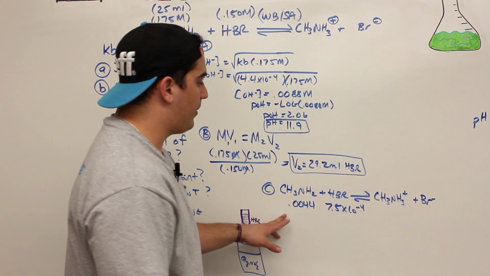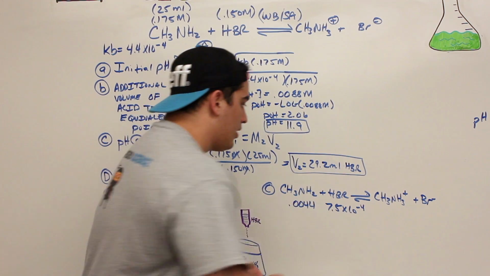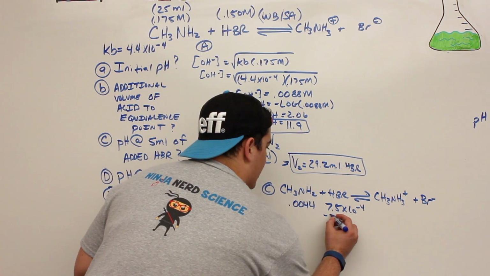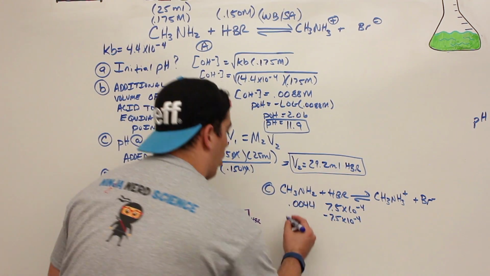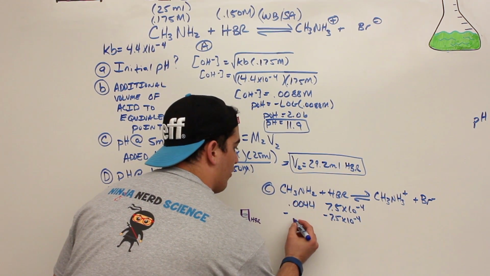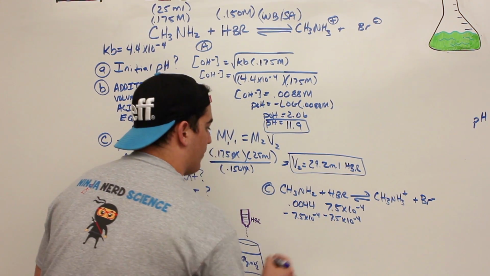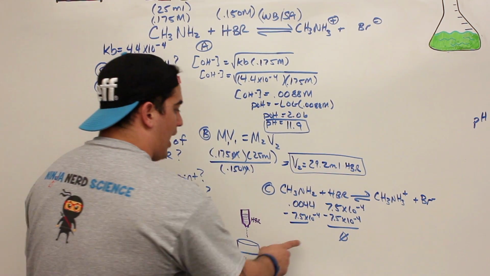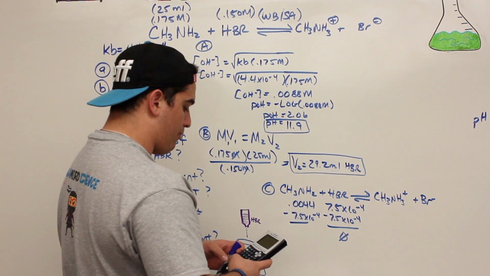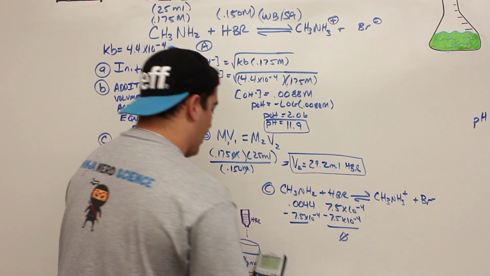Okay, what do we do? Same thing we've been doing. Which one of these is smaller? This one right there, right? So I'm only going to react 7.5 times 10 to the negative 4 moles of HBr with this 0.0044. And what happens? All of this gets used up, and we're going to have a little bit left over here, right? So we take 0.0044 minus 7.5 times 10 to the negative 4.